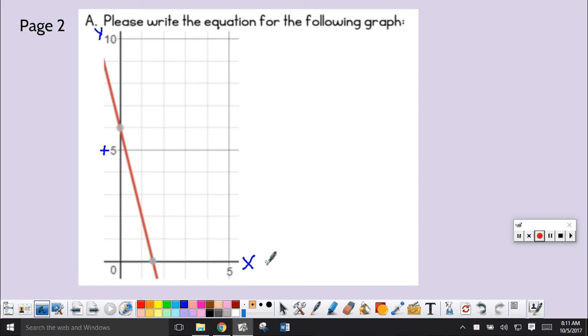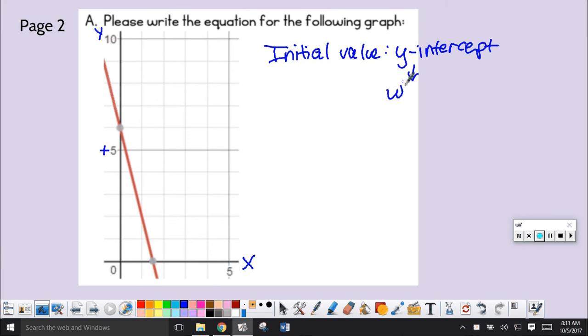In order to find my rate of change and initial value so that I can write my equation, I need to do a couple of things. I first need to find my initial value. Another word for initial value is the y-intercept, and remember the y-intercept means where the line crosses the y-axis.